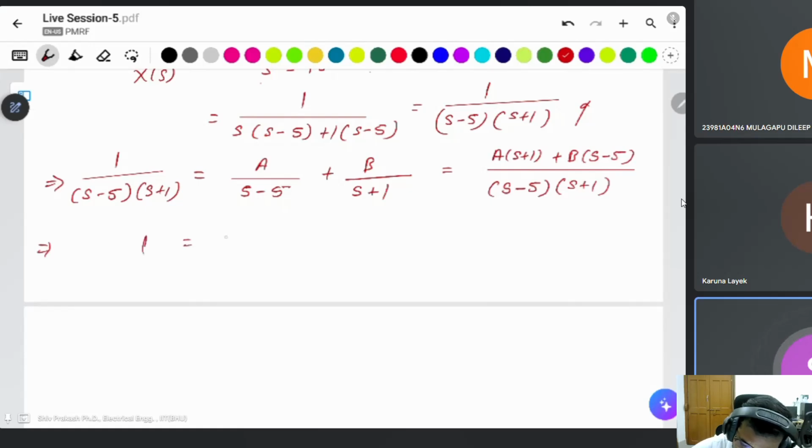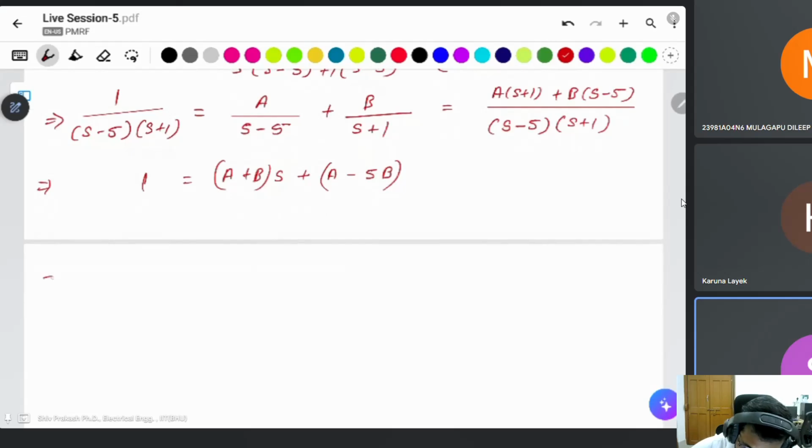1 is equal to a plus b into s. Take the common terms together, this will be a and minus of 5b. In a plus b, there are no terms of s, that's why this will be 0.